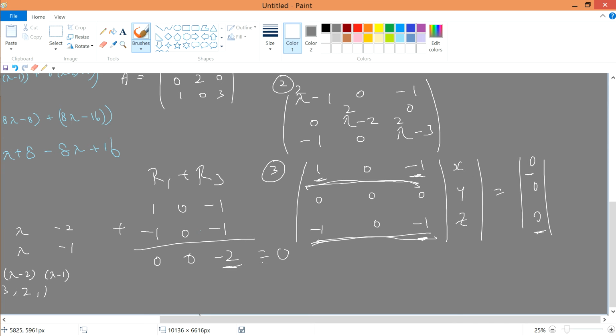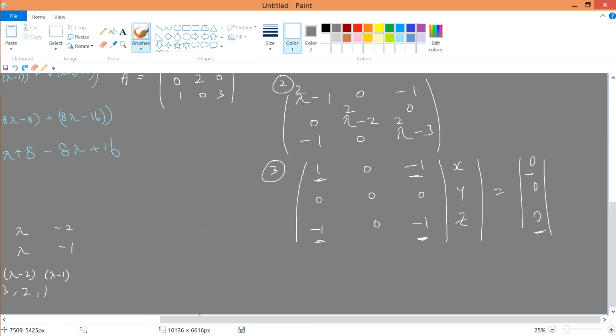So if minus 2z is equal to 0, z is equal to 0, and if z is 0, then x should also be equal to 0. I think you get what I mean. If you don't, click back a few seconds and replay. I'm not going to repeat. Thank you very much.